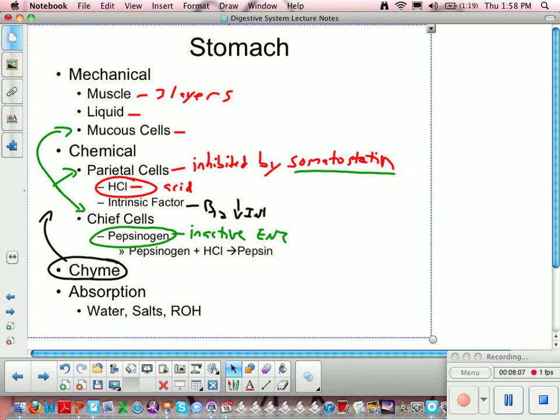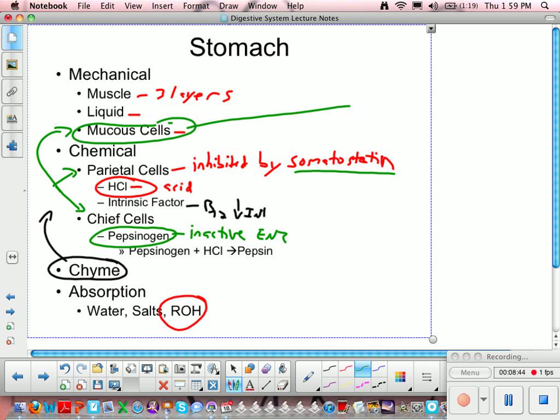In the stomach, there is some absorption also. Water is absorbed in the stomach. Salts are absorbed in the stomach. And alcohol. Alcohol is absorbed in the stomach. Remember, the stomach is producing a lot of acid, I mean, a very low pH acid. So the stomach is constantly producing mucus from those mucus cells to protect the stomach walls.